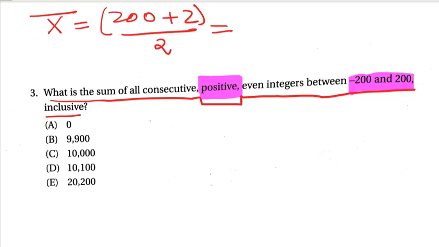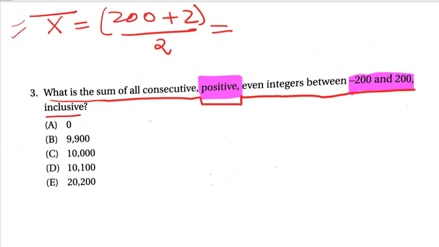We are supposed to get even numbers. Since we are to find the sum of all even integers from 2 to 200 inclusive, to find the sum, we need to take the average of all the terms and multiply by the number of terms. Since we have consecutive numbers, the average will simply be this.